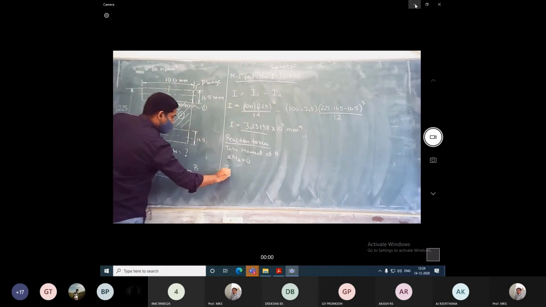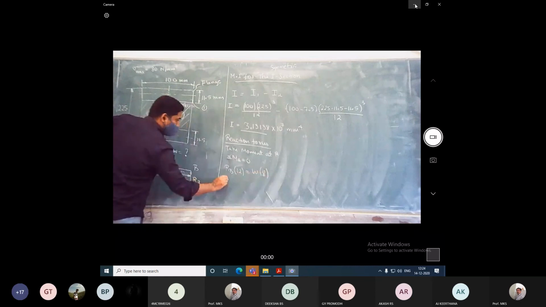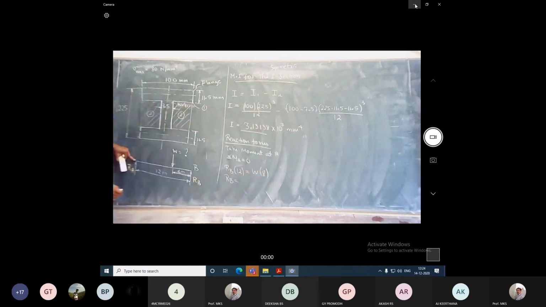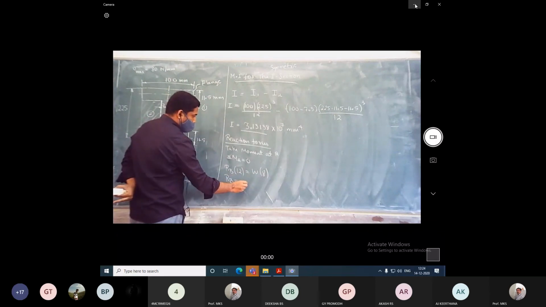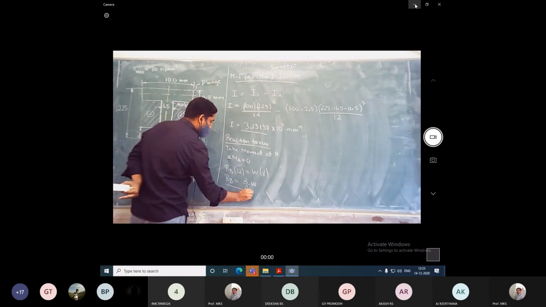So RB is equal to 8 by 12 into W. 8 by 12, four ones are 2, so it is 2 by 3. RB is 2 by 3 W.